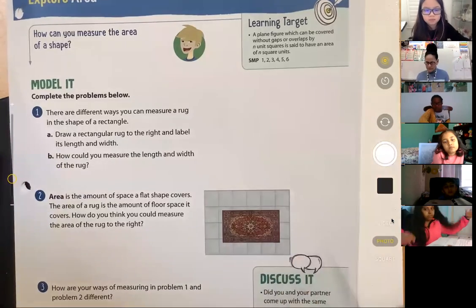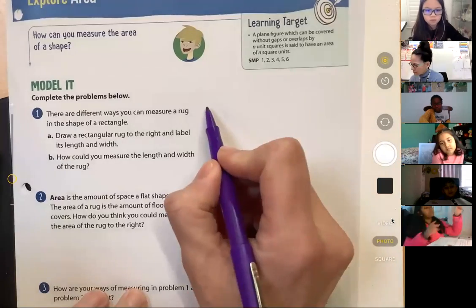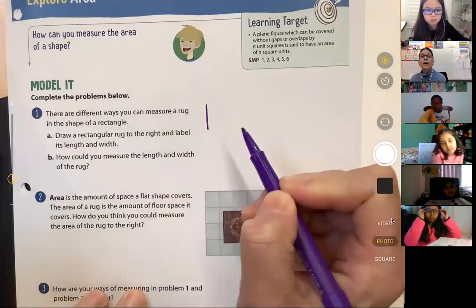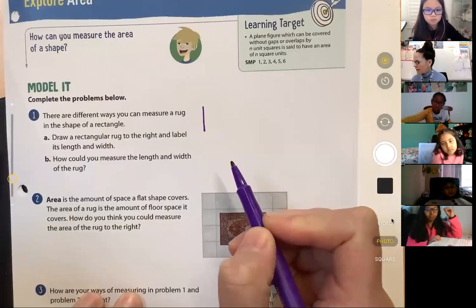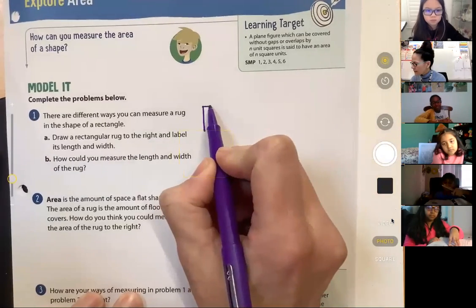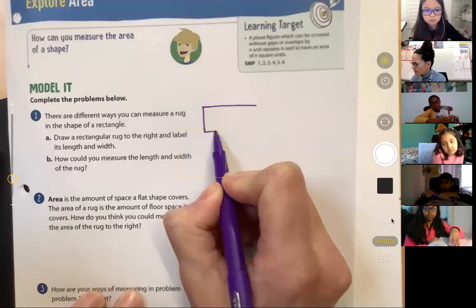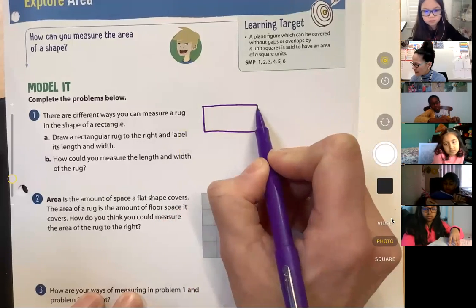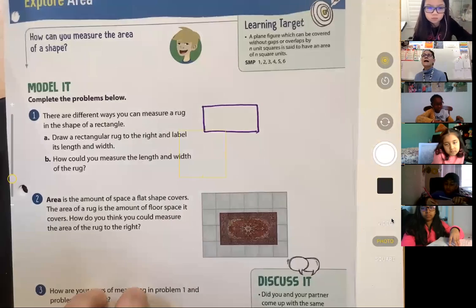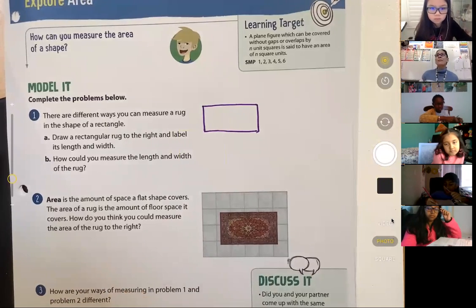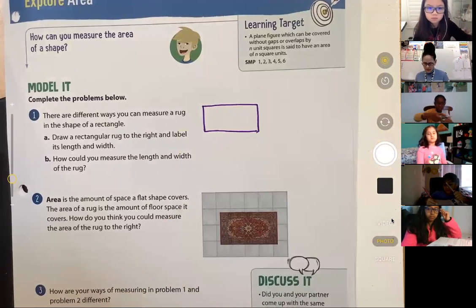So let's do that right now. I'm going to draw a rectangular rug. And you all know I'm going to use purple because you all know how I feel about it. All right, a rectangular rug. So it's not a square, it's a rectangle, which means I'm going to have some sides a little bit longer. So there we go. It's not perfect, but it works.